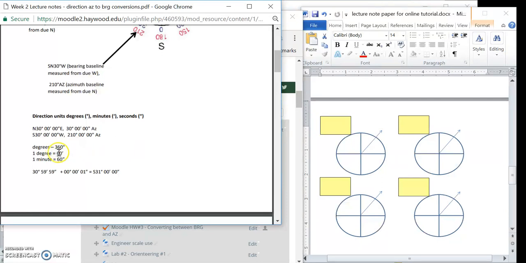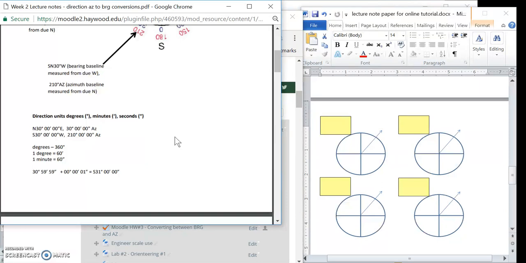So 60 minutes makes 1 degree, and then the minute itself is sliced up into 60 seconds. When you're doing the math, you're thinking really more of powers of 60 rather than powers of 10. With 10, if I get up to 19, then it clicks over into 20, and so it goes into the next set of 10.